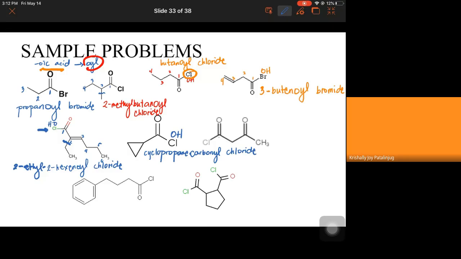Next. So this would be carbon 1, 2, 3, 4. Okay? So ito yung part sa carbon 1 mao na siya ang part nga functional group. Okay? So for carbon chain, that's butanoil. Yeah, from butanoic acid, butanoil. Okay? Butanoil chloride. But take note, na substituent naa sa carbon 3. Sige, type in your answer.